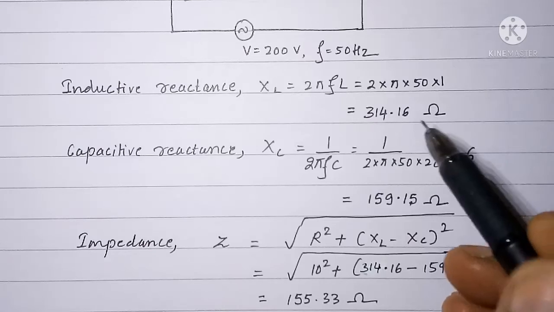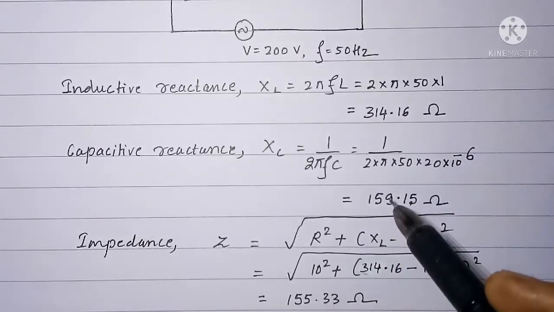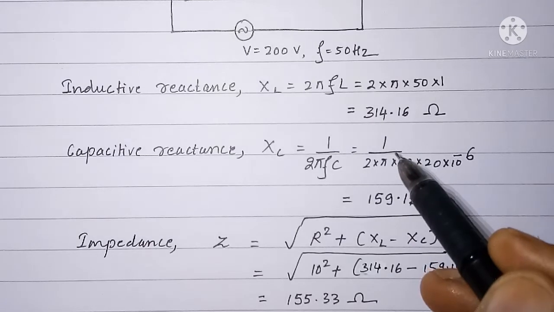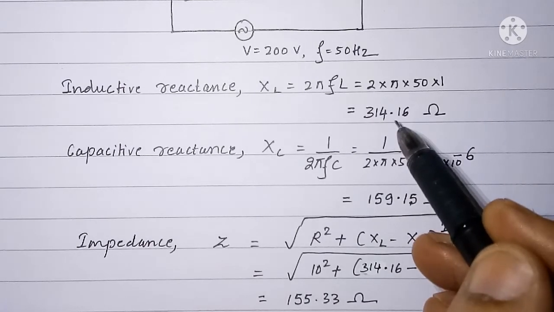In this given circuit, XL is more than XC. Therefore, the circuit will behave like an RL series circuit, and the current through the circuit will be lagging the supply voltage.